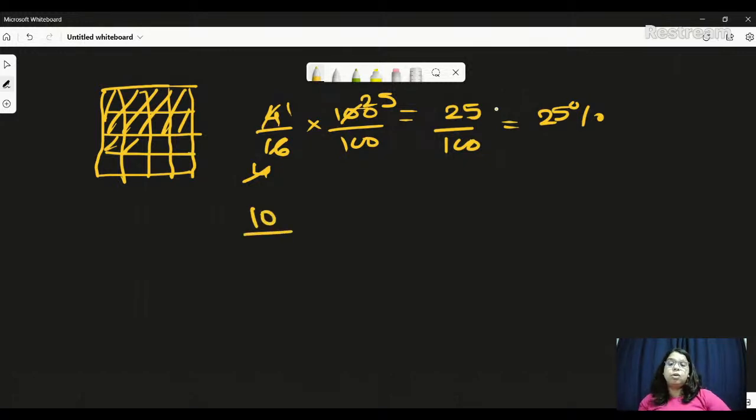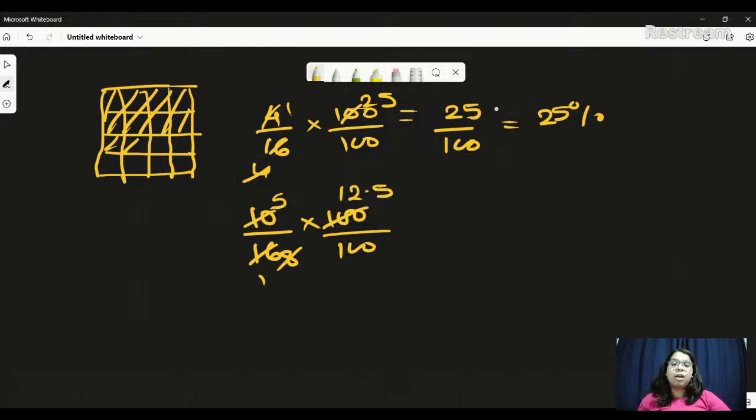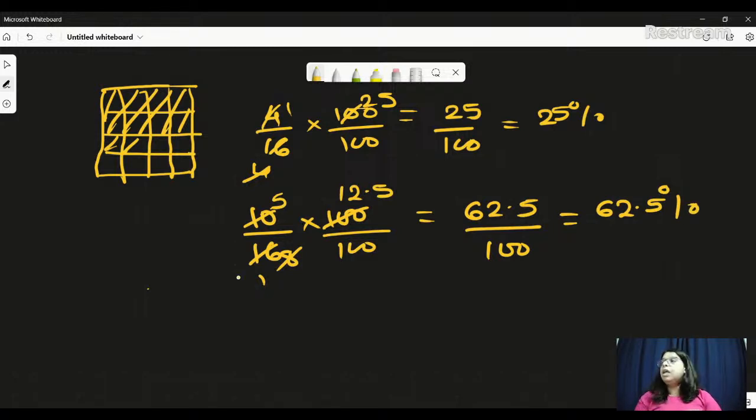So it is 10 over 16 multiplied by 100 over 100. 8 times 12.5 is 100. So what is 5 times 12.5? 5 into 12.5 is 62.5. So this is 62.5 over 100, which is equal to 62.5%.